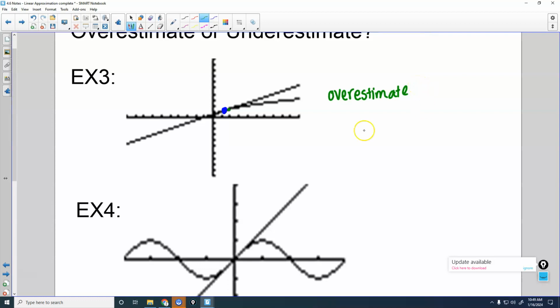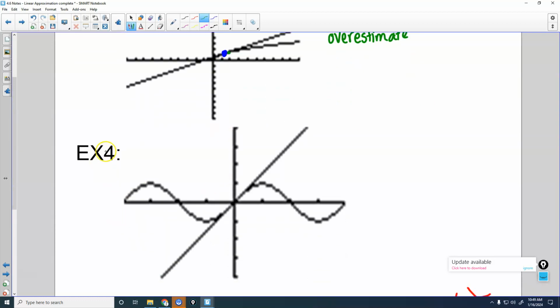Okay, let's look at the tangent line drawn in here on number 4. This has the tangent line at 0 right here used. If I use that to approximate a number over on the right side, would I get an overestimate or an underestimate? The tangent line value, the line on the tangent line, is it higher or lower than the actual value?